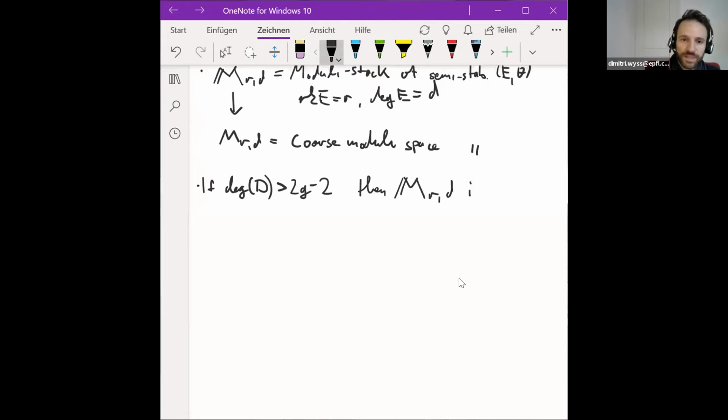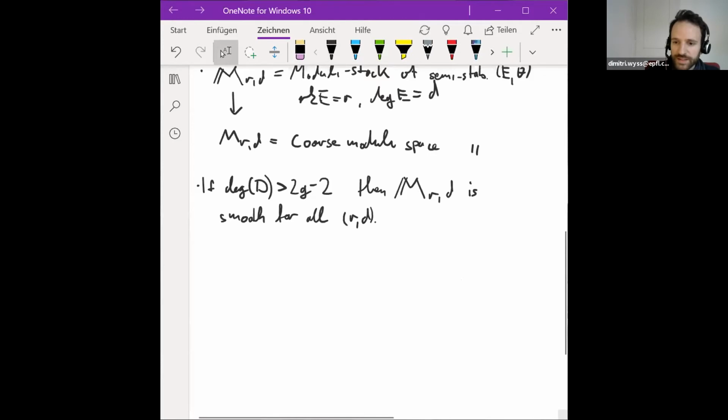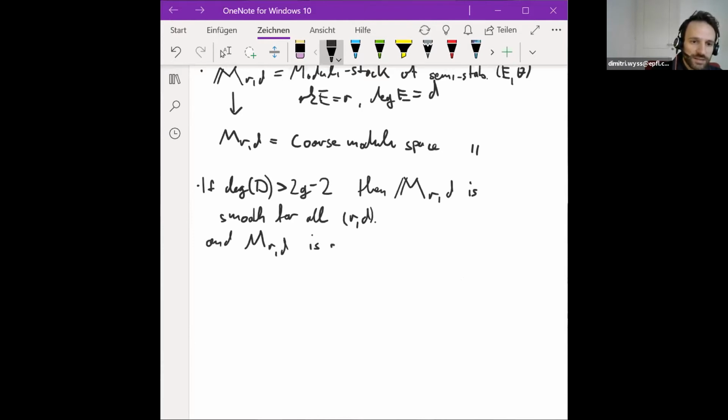M_RD is smooth for all pairs R and D. And still in this case, the space M_RD is smooth exactly when R and D are coprime. So smoothness for a stack is a statement about deformations.